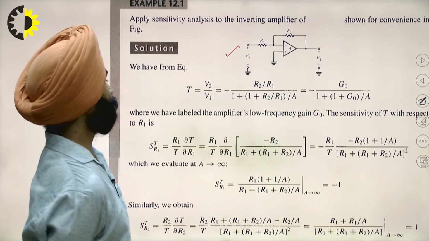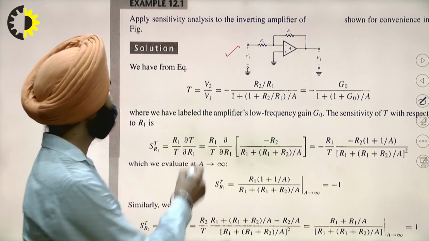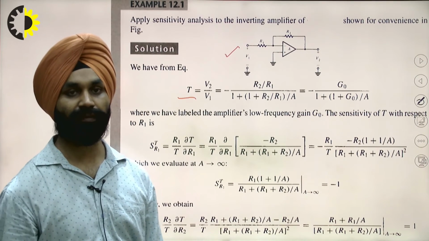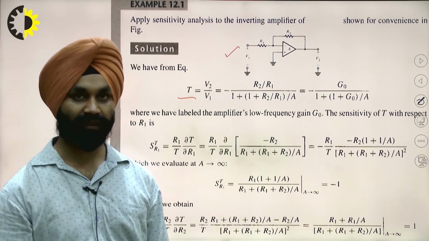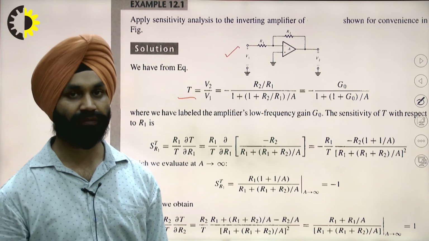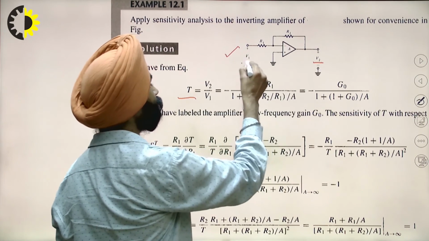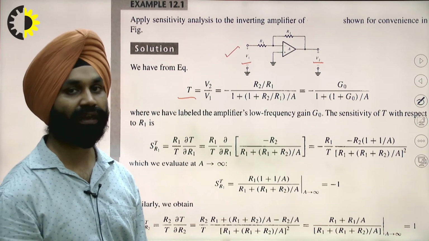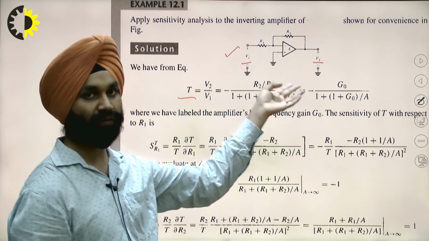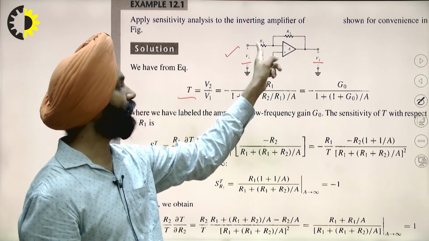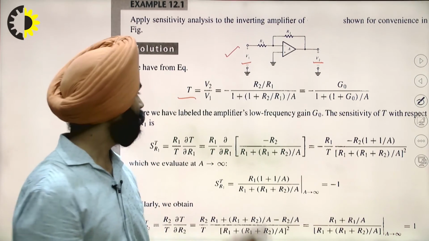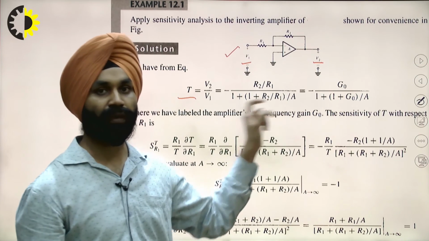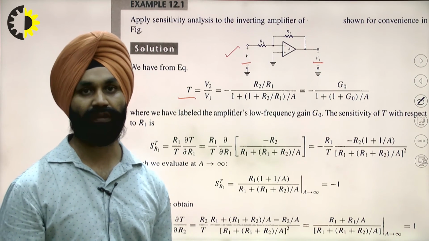So first of all, let's find the transfer function, so that we can find out the transfer function dependency on R1. Transfer function is output voltage by the input voltage. For this inverting amplifier, the transfer function will be R2 by R1 divided by 1 plus 1 over A into 1 plus R2 by R1, which is the standard form of an inverting amplifier.